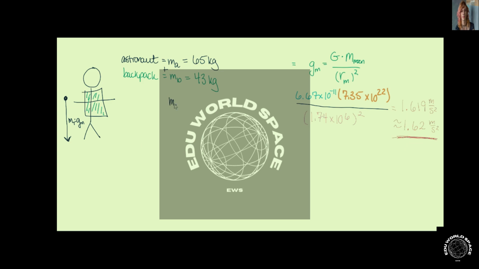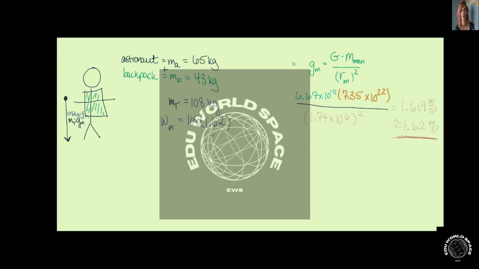So MT is going to be 108 kilograms. We're going to multiply that with the gravitational acceleration of the moon. So her weight on the moon is going to be 108 times 1.62.